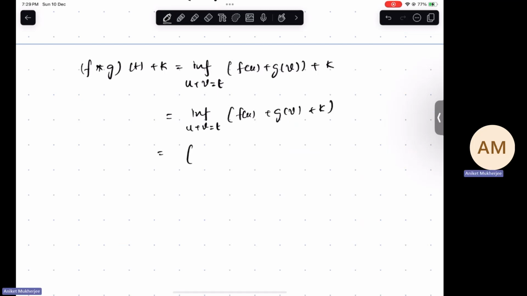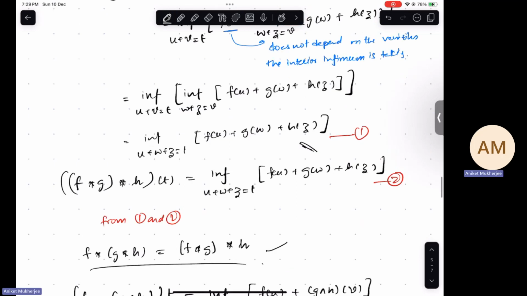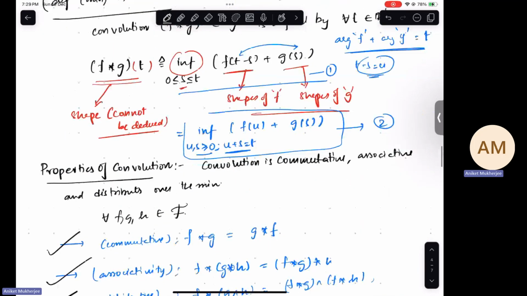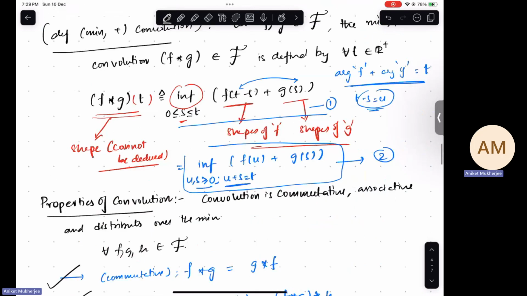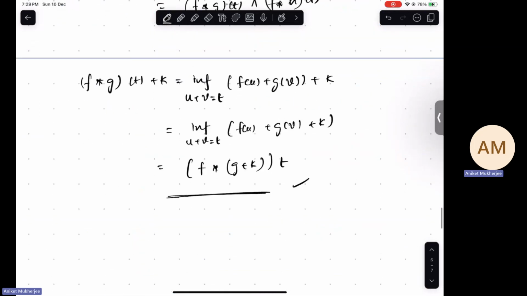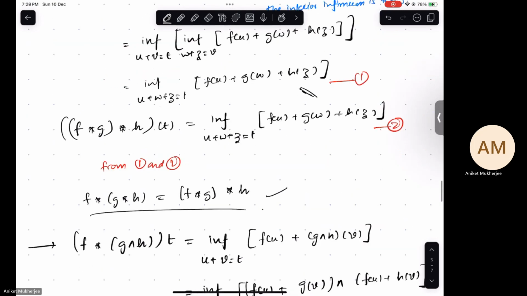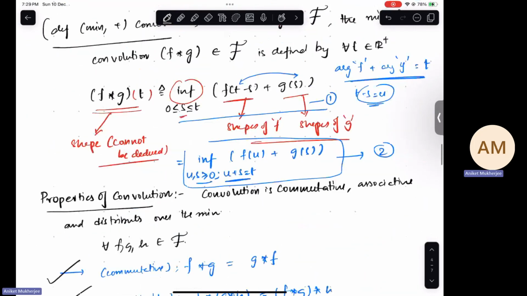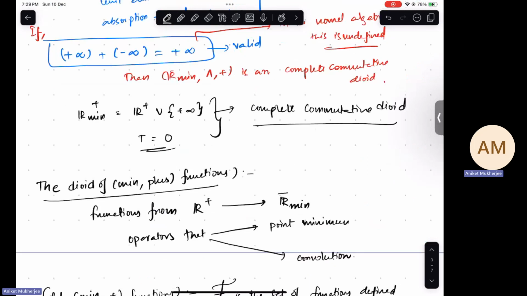Now we have f convolution g plus k. So these are some of the properties of the convolution operator that will be useful for us when we do min plus algebra on real systems.